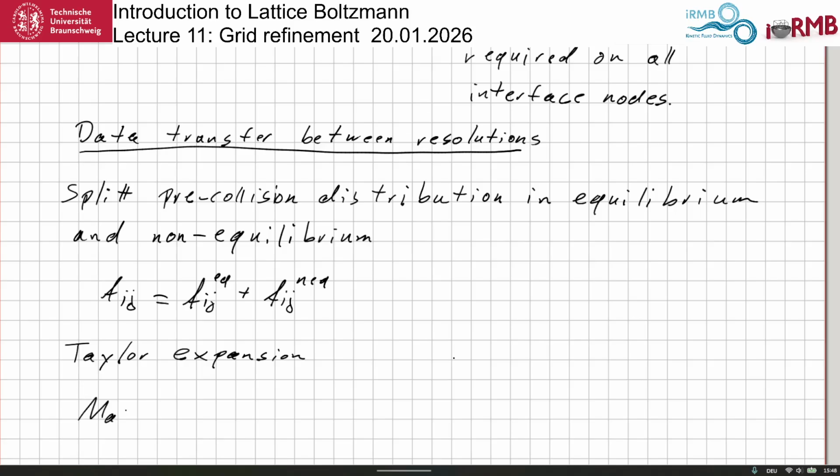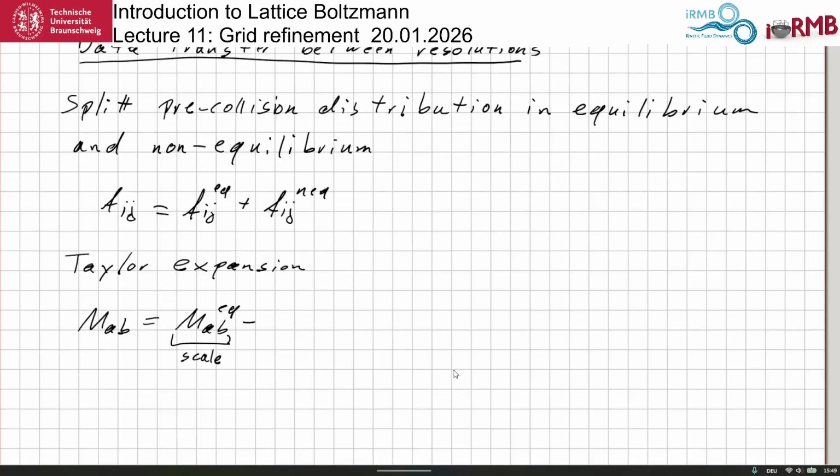So M_ab Taylor expanded is basically M_ab equilibrium, and this here is scale invariant, minus, now comes delta x.